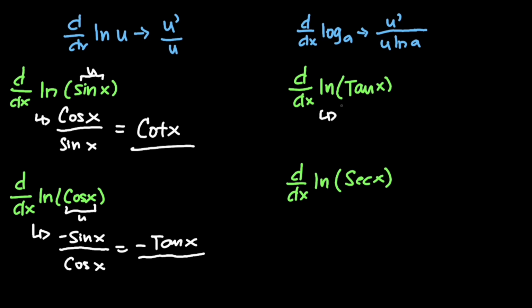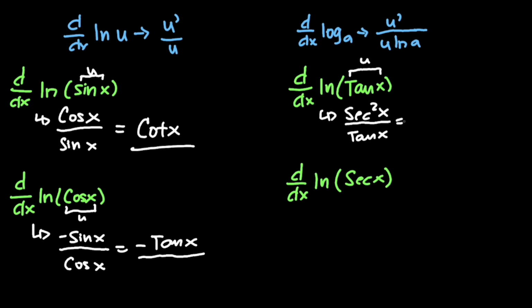Derivative of natural log of tangent of x. Take first the derivative of u, which will be secant squared x over tangent of x.